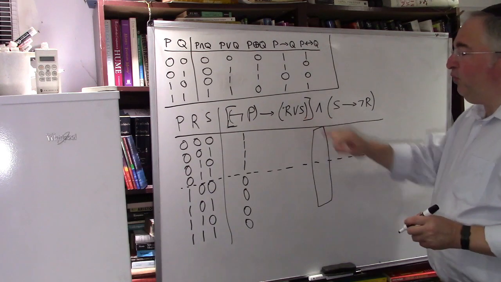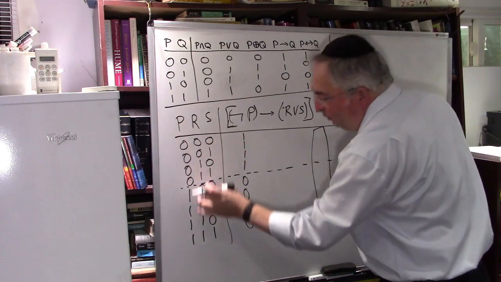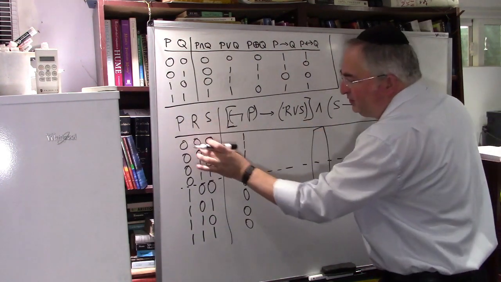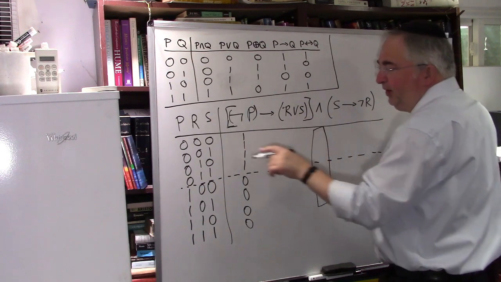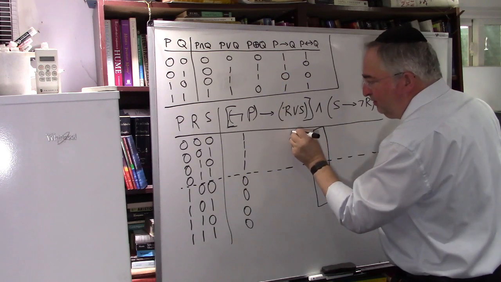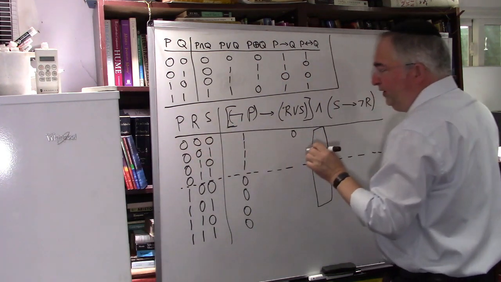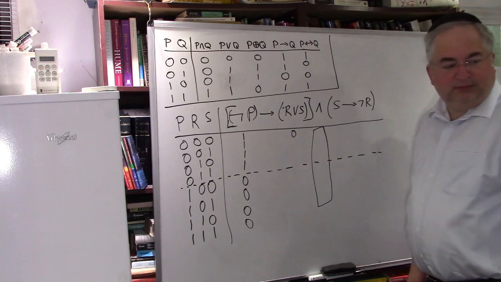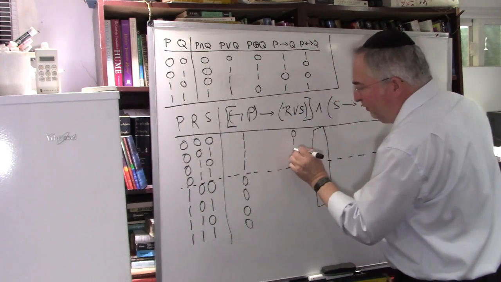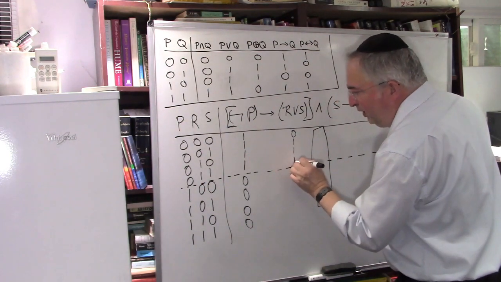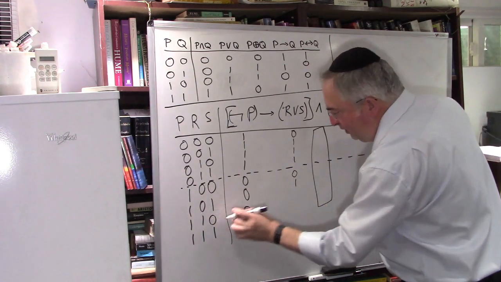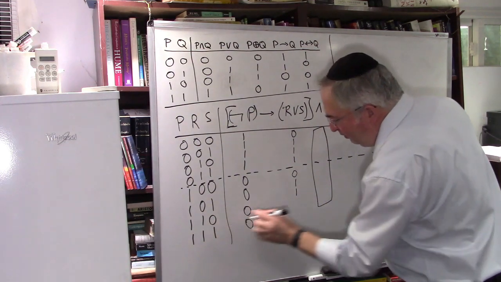Next, how about R or S? Now I could rewrite R over here, and then rewrite S over here, but it's right over there, so I don't have to rewrite it. Let's just do the OR. You ready? 0 or 0 is 0. 0 or 1 is 1. 1 or 0 is 1. 1 or 1 is 1. 0 or 0 is 0. 0 or 1 is 1. 1 or 0 is 1. 1 or 1 is 1.